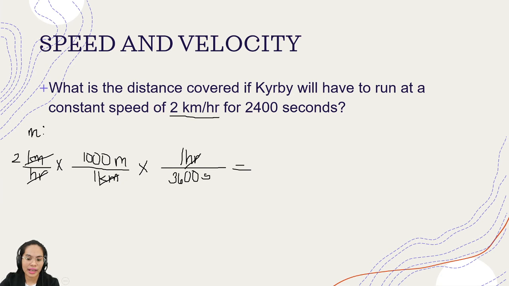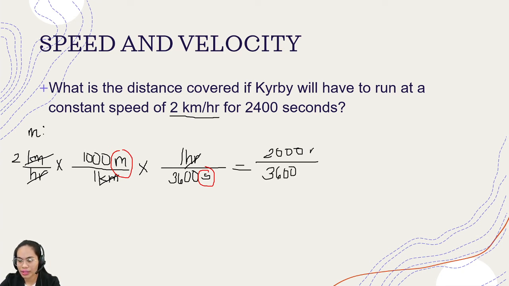The unit left is meters and then this one is seconds. Now, let's try to solve. 2 times 1,000, that is 2,000. So 2,000 divided by, ano yung nasa baba? 3,600.